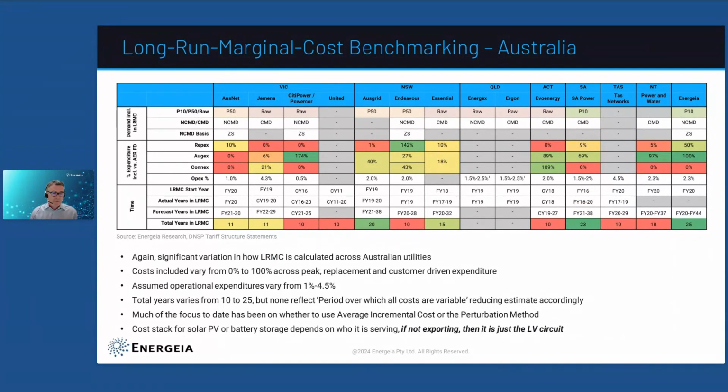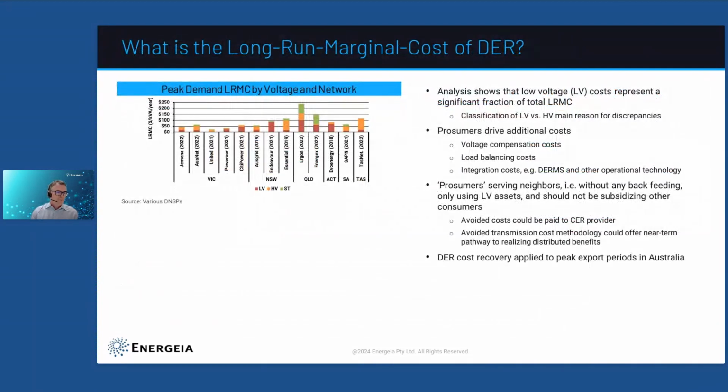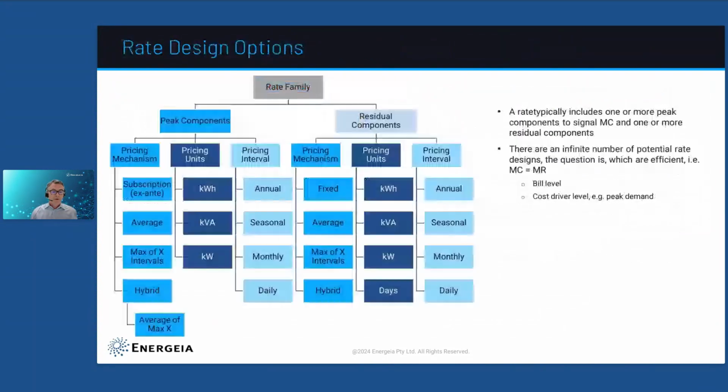Now, I think as a policy and regulatory practice, it would be good to get more consistency, but just generally to make sure that your long run marginal cost is done in an economically efficient way is going to be so much more important when people have storage and they have flexible loads like vehicles, so that you don't find yourself in a higher cost structure and ultimately more defection than you should see. I won't touch on the long run marginal cost of DER. Suffice it to say that they have their own costs and that those should be reflected in their structure.